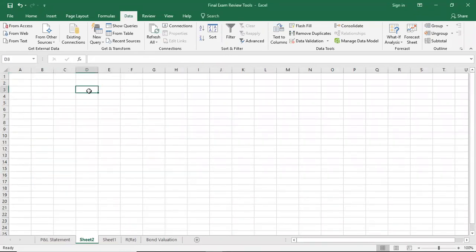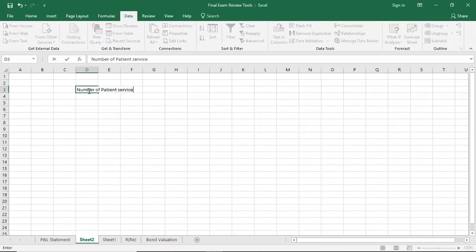So this kind of problem, this is what it will tell you. It'll say you are going to use a certain number of patient service days. Let's say that you're going to use 175.